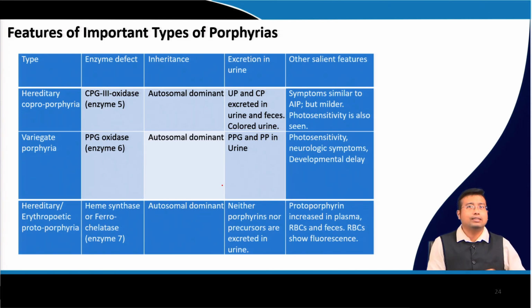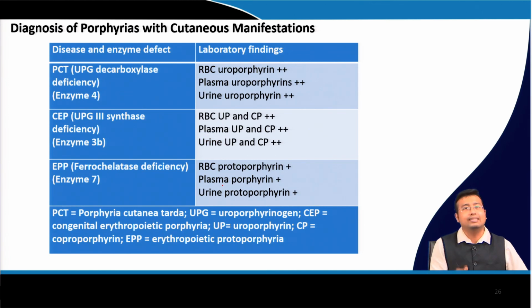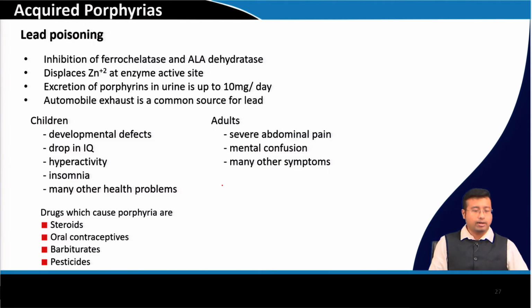So, all the porphyrias have been summarized here, and the same for the laboratory findings, that is, what intermediates are getting accumulated in specific types of porphyrias. It is already very easy for you to write it on your own. Just note the steps where it was blocked, and you can easily infer what things are raised in plasma and what will be excreted in urine, right.